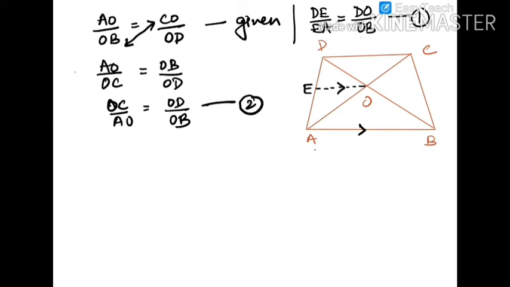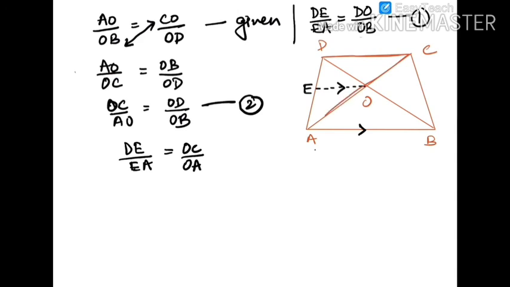Now compare the result of step 1 and step 2. The right hand sides are same. So the left hand sides can be equated. So we get DE upon EA equal to OC upon OA. Now locate these ratios in the figure and find the triangle to which they belong. DE upon EA is equal to OC upon OA.